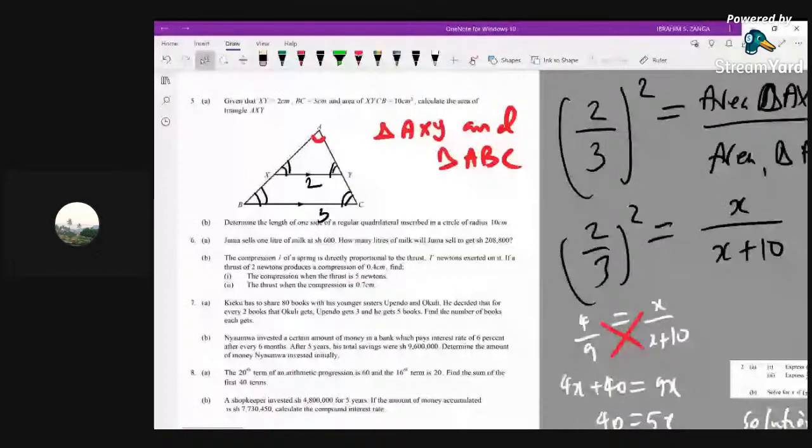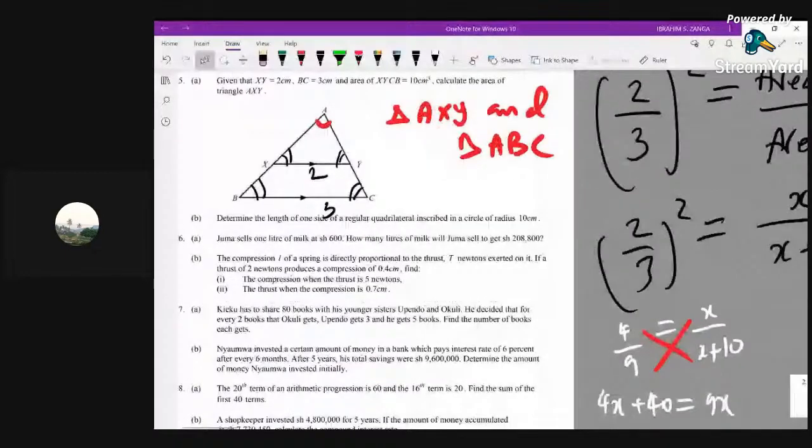5B, determine the length of one side of a regular quadrilateral inscribed in a circle of radius 10 centimeters. So we're supposed to determine the length of one side of a regular quadrilateral. So we are going to visualize how we are going to calculate the length of one side.